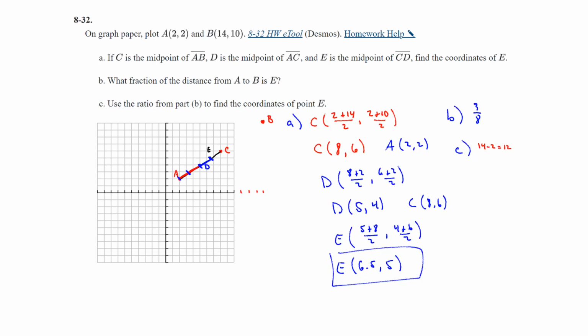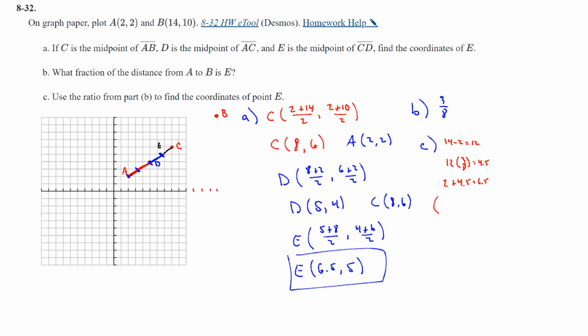So that's the total distance between those. If I want to find what 3/8 of 12 is, I can take 12 times 3/8, and that will give me 4.5. So that would be that distance, but I'm starting at 2, so therefore I'd want to take 2 plus 4.5 to get 6.5. And that would be my x-coordinate of E, 6.5.